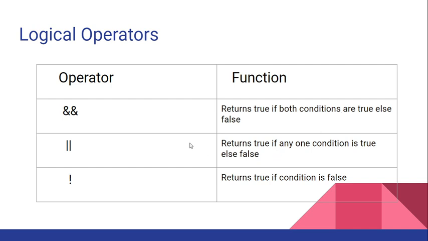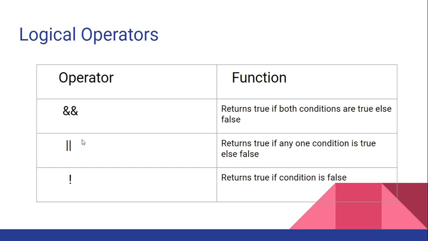Okay, OR also checks the conditions. Even if one condition is true, it returns true. Like A is greater than B or B is greater than A. Over here, only one condition needs to be true. Even if both conditions are true, it's going to print true. If one condition is true also, it's going to print true. If both conditions are false, then it's going to print false.